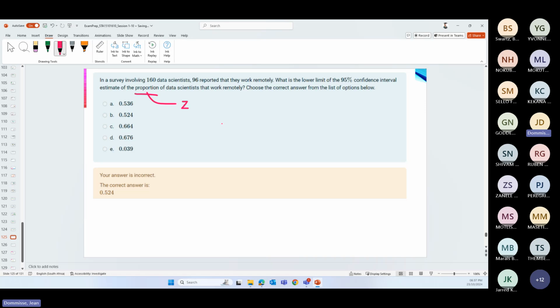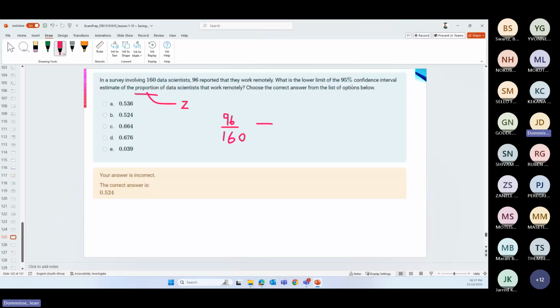Basically, remember, the proportion is 96 divided by 160. We want to get the lower one, so we're only going to subtract.